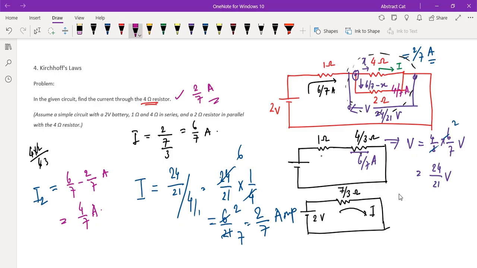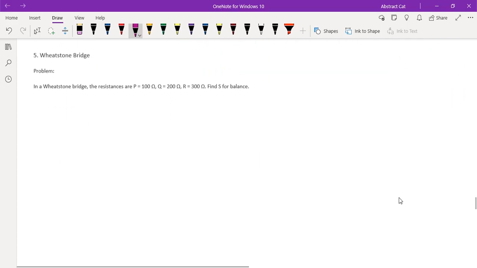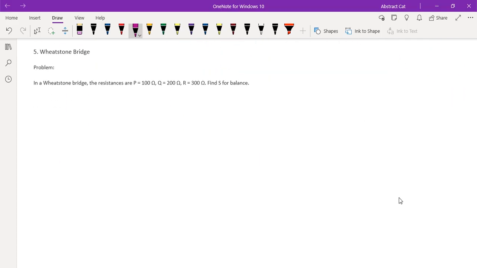Now the next problem, problem number 5, is the Wheatstone bridge problem. In the Wheatstone bridge, PQRS is balanced.